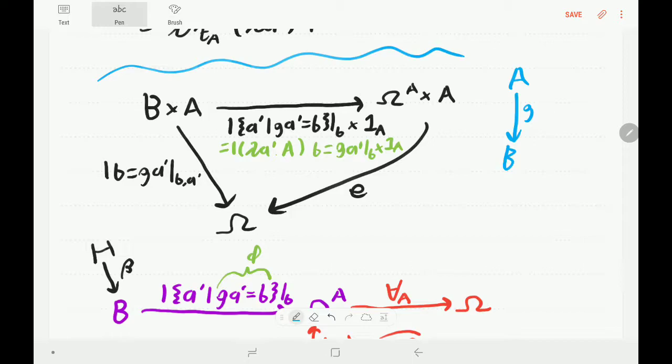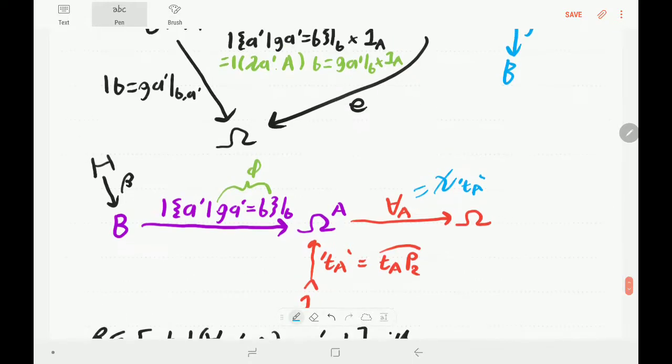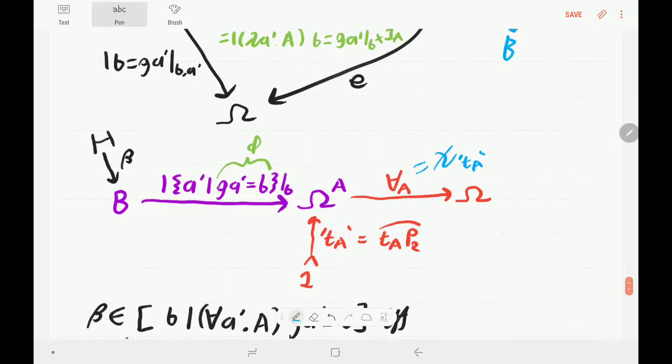But there's another important piece of notation which we want to understand, which is what does this "for all" mean? And the short answer is that for all A means the classifying arrow of the name of TA, where TA is true after exclamation mark A. And so really the name of TA is TA after P2 all transposed.